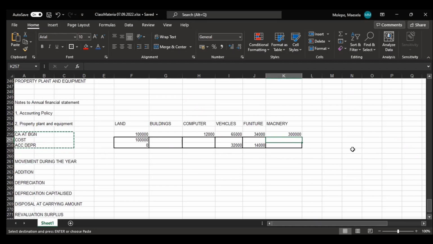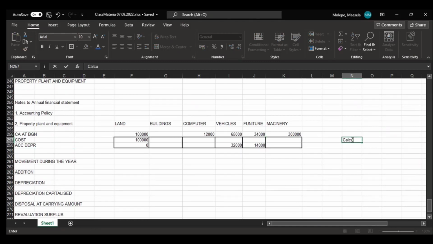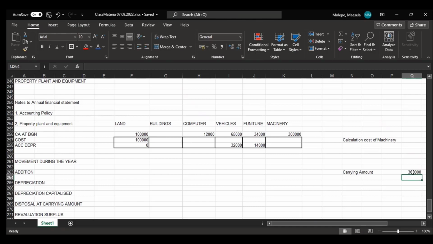Okay. And then the machinery we purchased was depreciated for 2 years. Now let's calculate the cost of machinery. You are given the carrying amount here, of how much? 300,000. The cost we don't know yet.